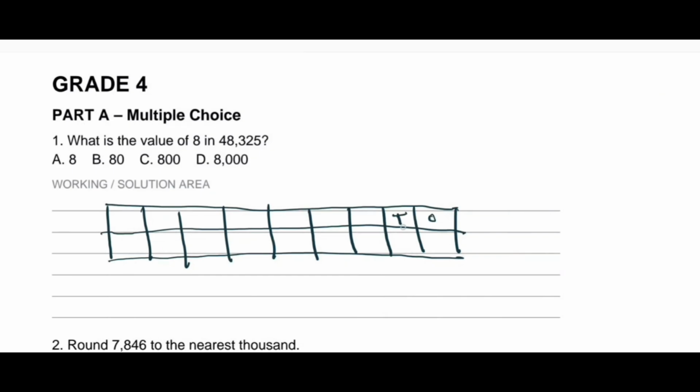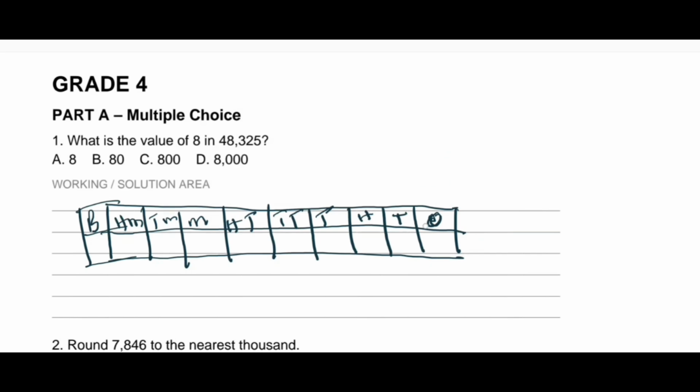You have the tens column, hundreds, thousand, then 10,000, then 100,000, then million, 10 million, 100 million, and then 1 billion.